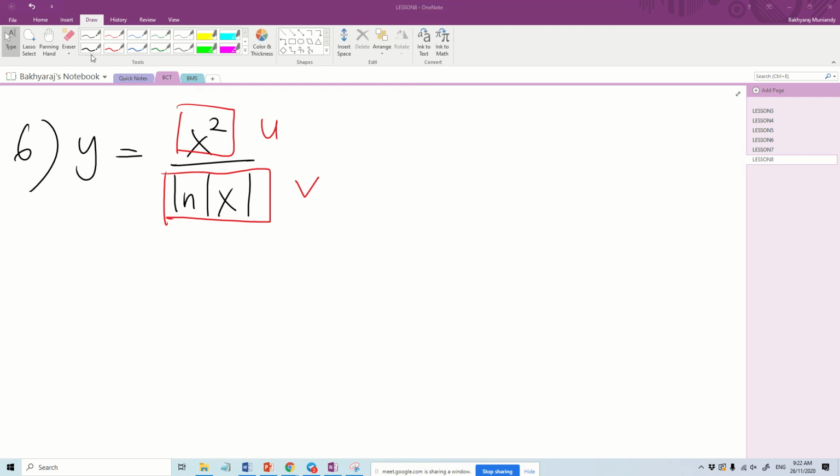For this you get u equal x square, and then your v will be log x.